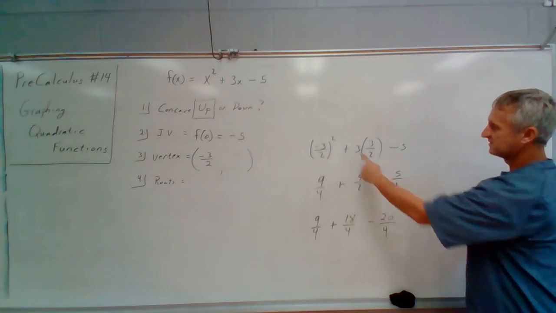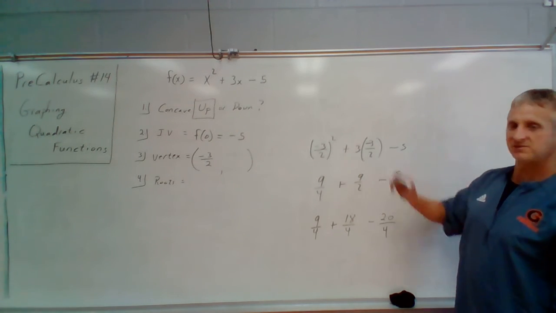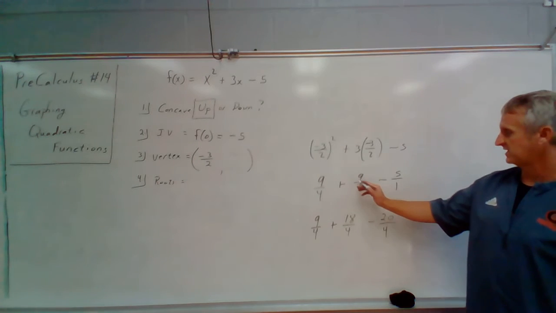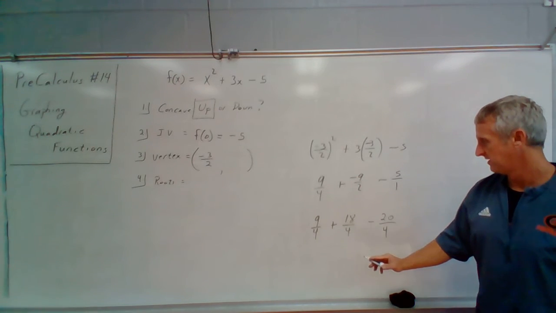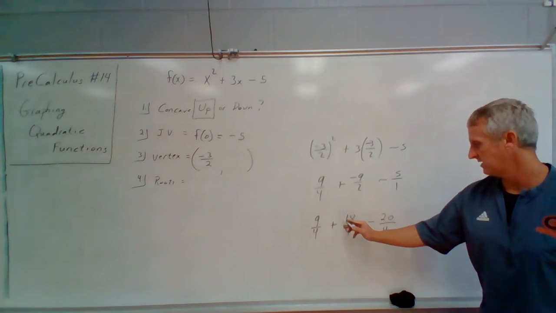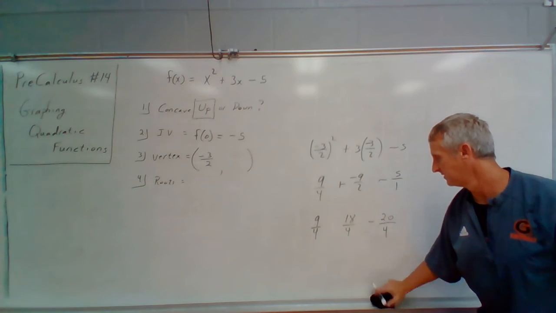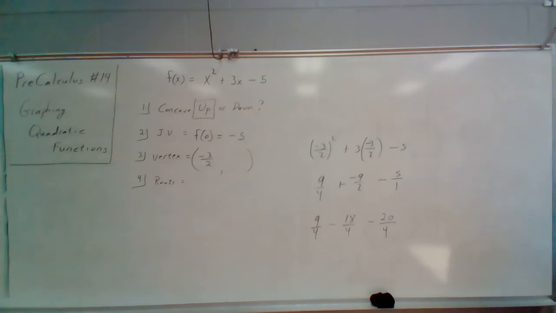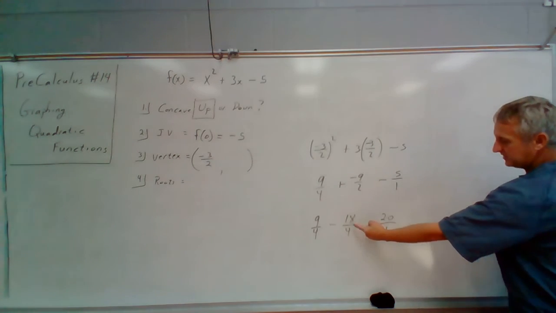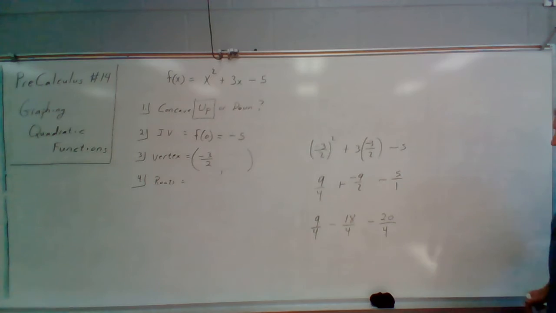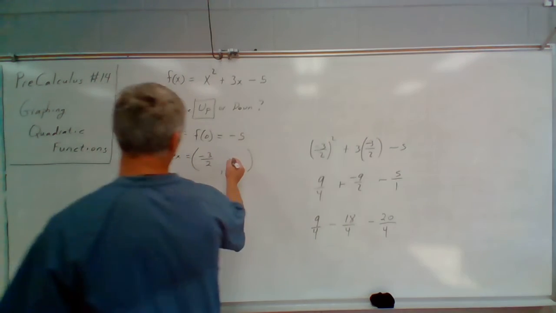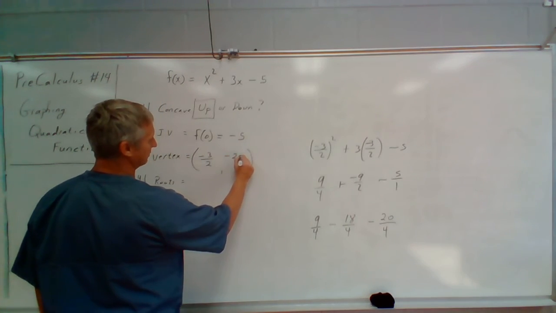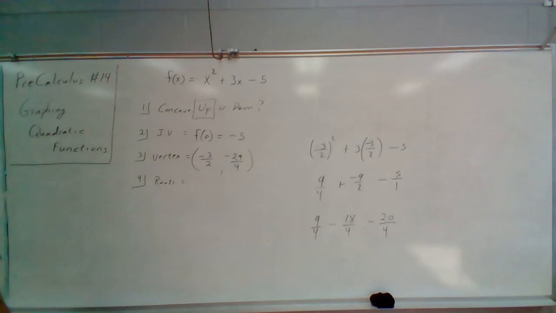I should be plugging in negative 3 over 2, so that should be minus 3 over 2, which makes that a minus 9, which would make that a negative 18, minus 18. That looks better. All right, 9 minus 18 is negative 9. Negative 9 minus 20 is negative 29. So the y-coordinate of my vertex is negative 29 over 4, which is just a little bit more than negative 7.